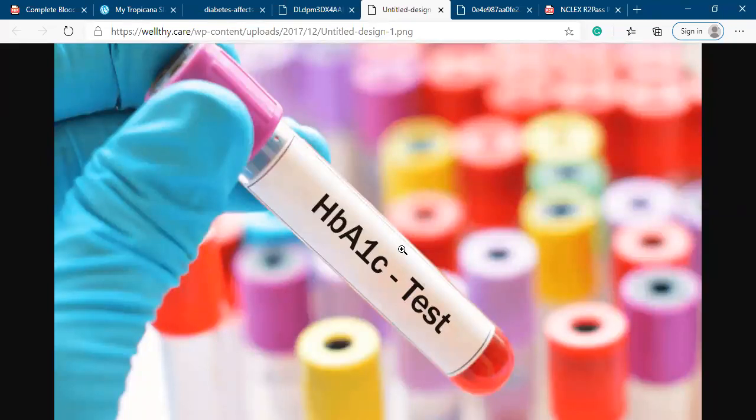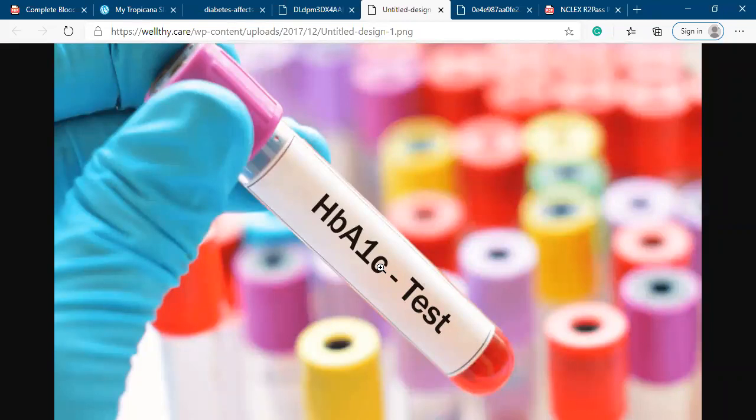So I want to recap it, my friend. The expected range of hemoglobin A1c for a healthy individual is 4 to 6%. It indicates the patient is okay. But if the patient is a pediatric, right? The acceptable target for a diabetic patient is 6 to 8%, which is okay if they are diabetic.